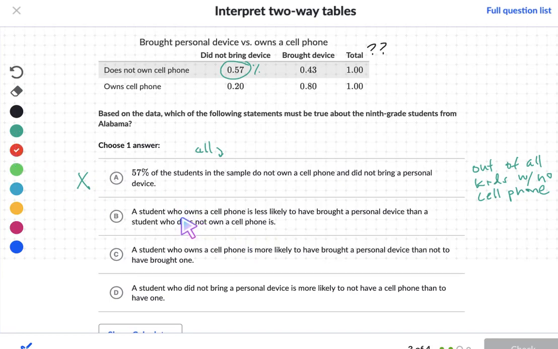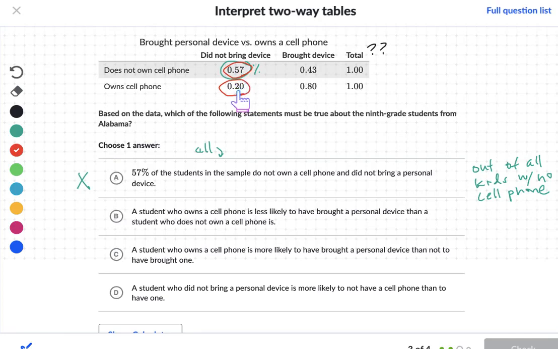All right, next one. A student who owns a cell phone is less likely to bring a personal device than a student who does not own a cell phone is. Maybe, yeah, because this is 20% compared to 57%.